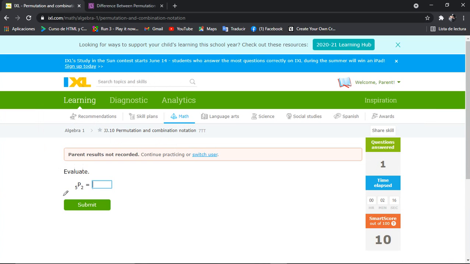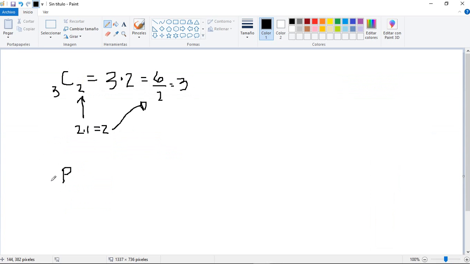So the permutation here is 5 and 2, 5 the total, to the possible combination. Okay, so it means 5 times 4. Only 5 times 4, not times 3, times 2, times 1. Only two numbers, because we have here number 2. Okay, and it is 20.